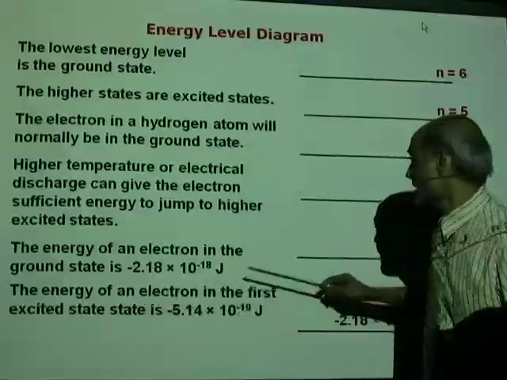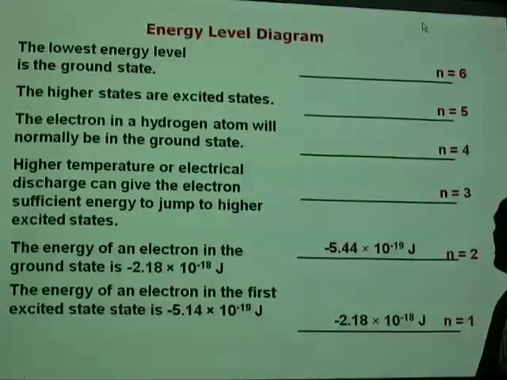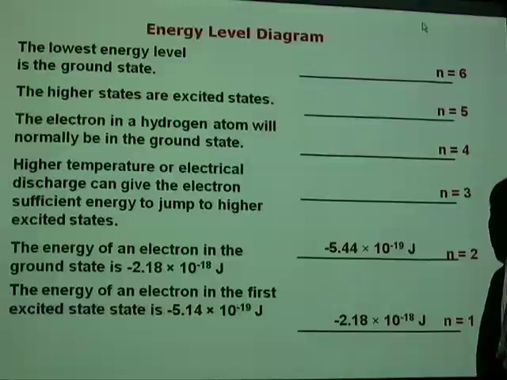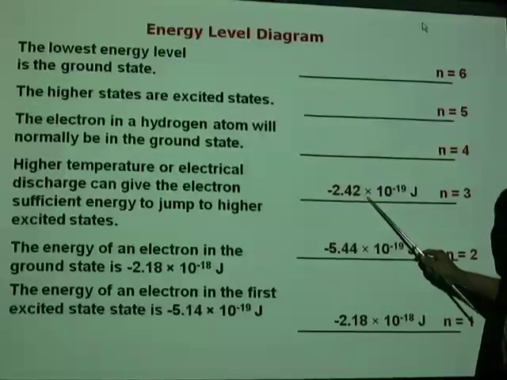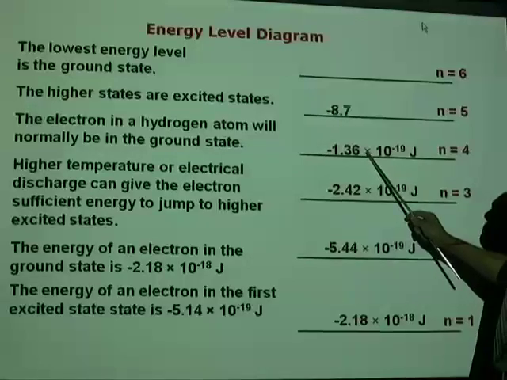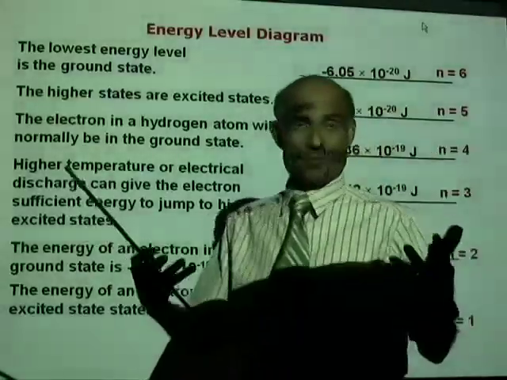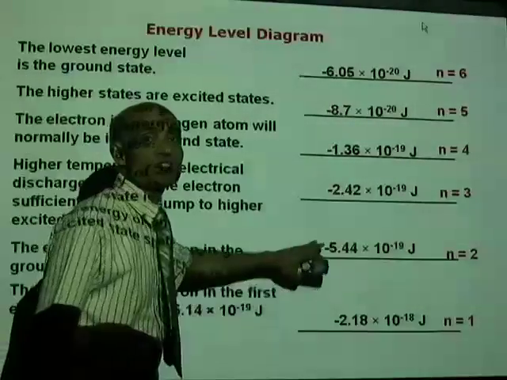And the energy of an electron in the first excited state is negative 5.44 times 10 to the negative 19 joules. And for the second excited state, I have the energy all calculated. You can actually check this. You can put values in that equation and check these energy values.